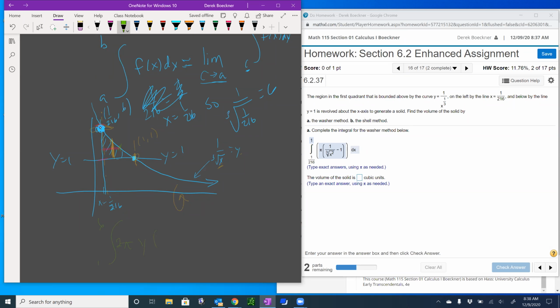And the height is going to be, well, if I solve this for y, I get 1 over y cubed equals x. So 1 over y cubed minus 1 over 216, because that's how wide those shells are, and then dy. So that's the other setup.